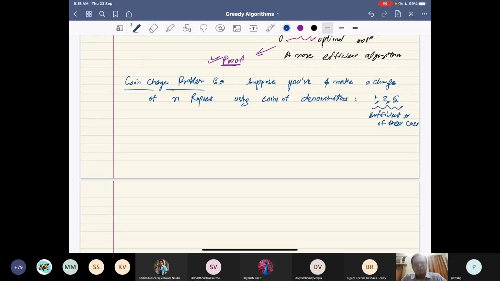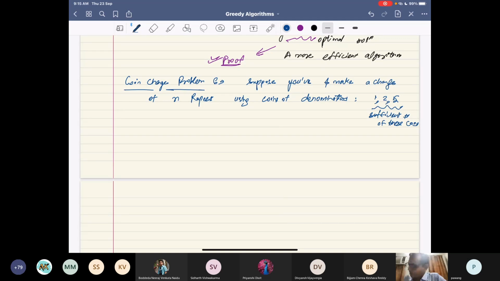So what is the problem here? Is that even a problem? I can give all 1 rupee coins. So we need to define some criteria, right? What is my optimization criteria? In dynamic programming, we learn that I have an optimization criteria that I need to take care of.